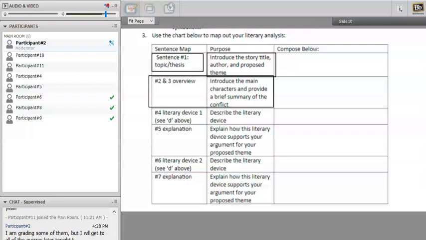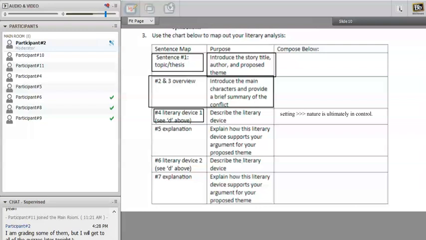Then you're going to talk about the setting and how that helps set up that maybe it's about nature in control. Okay, this is another typical theme that students like to write about.